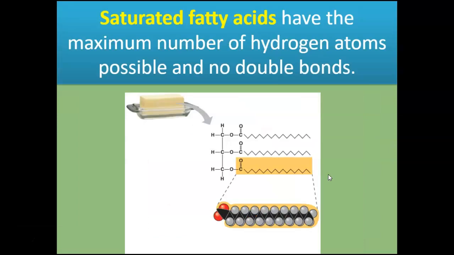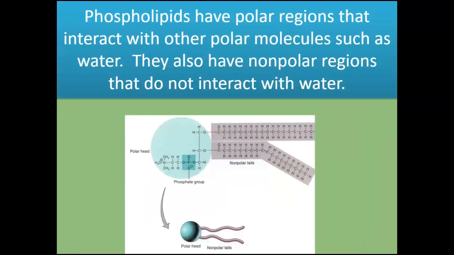So going back, another example of a lipid is a phospholipid. And a phospholipid is very special because it contains both a polar region and a nonpolar region. So if you think about a phospholipid's interaction with water, it's very interesting.